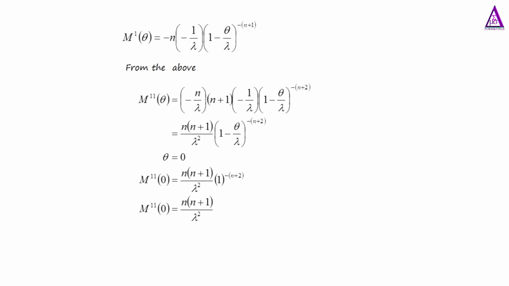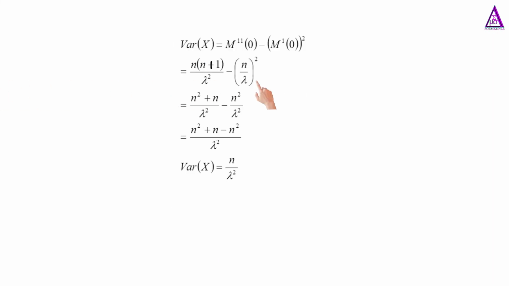So when theta equals 0, the second derivative of the moment generating function at 0 gives us n(n plus 1) divided by lambda squared times 1 raised to the power negative (n plus 2). The second moment of the gamma distribution is therefore n(n plus 1) divided by lambda squared.